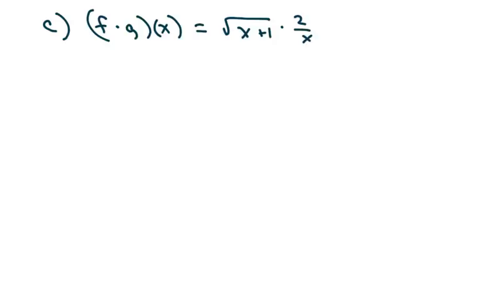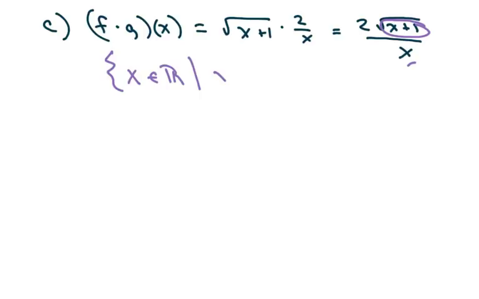If you simplify that, if you wanted to make it look nicer, it would just be this. In this case, we still have to worry about this because it is a radical. It's the same domain as before, however, so x is all real numbers. However, x cannot be 0, and x must be greater than or equal to negative 1.